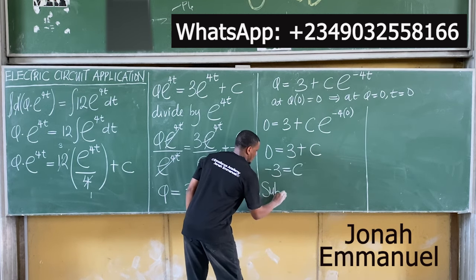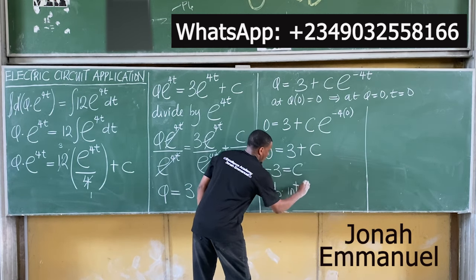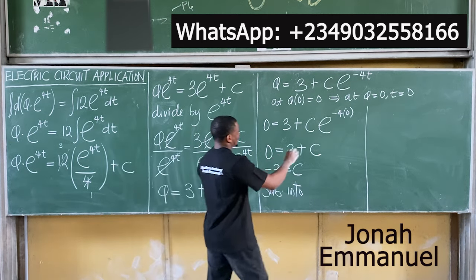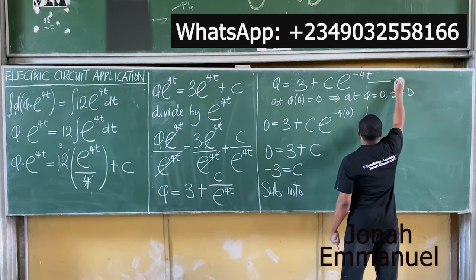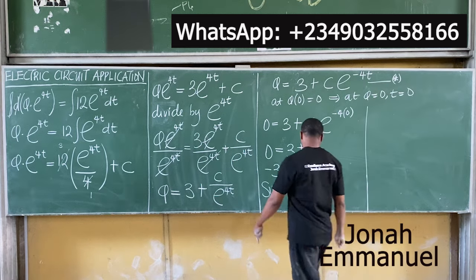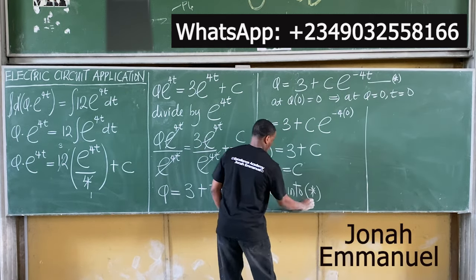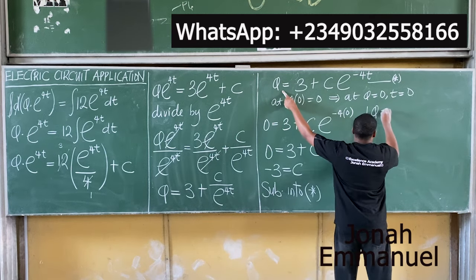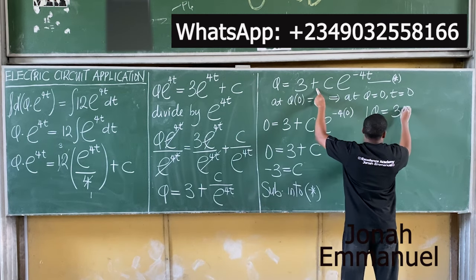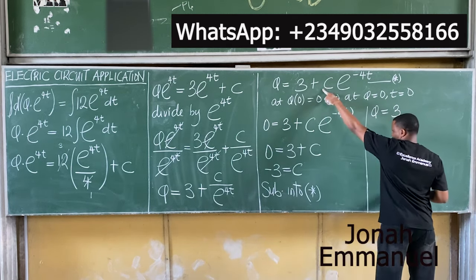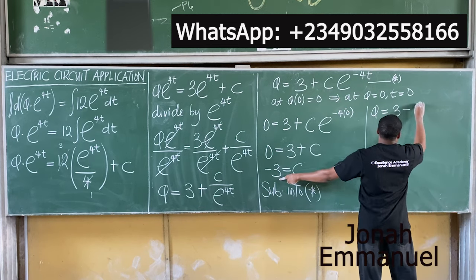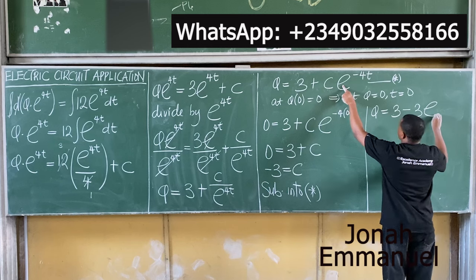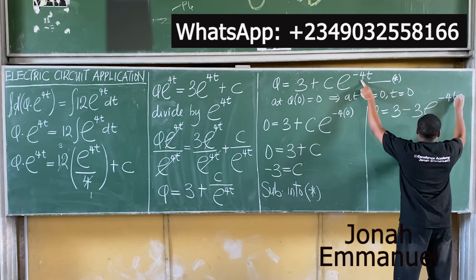Let's substitute this into the equation here, let's call it asterisk. So substitute into asterisk. I have q is equal to 3 plus c, and the value of c is minus 3. In place of plus c, I'm putting minus 3, then exponential minus 4t.